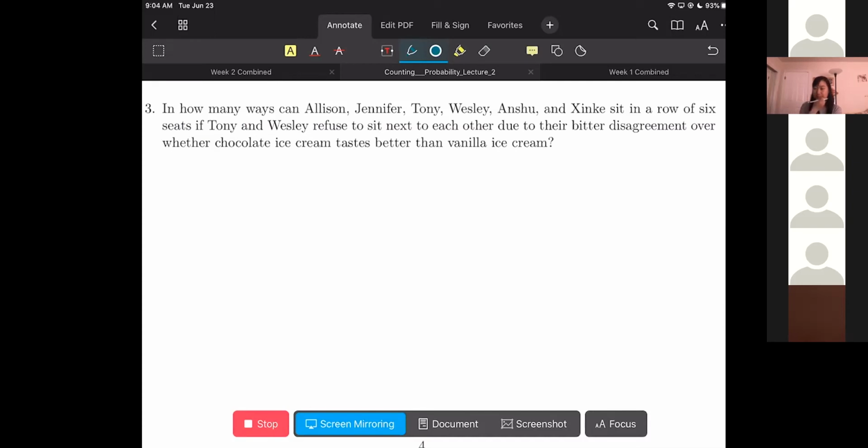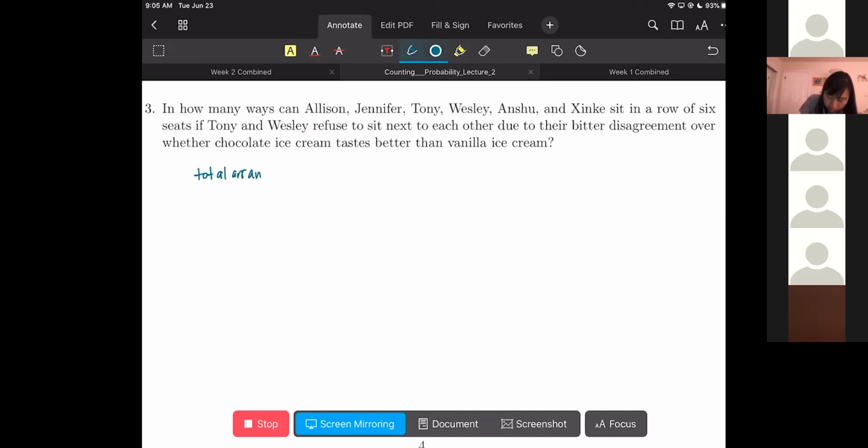Well, we can look at the different positions. If we were to just draw out the 6 seats, we look at how we can separate Tony and Wesley. So Wesley can be in the first, and Tony can be in the third, or Tony can be in the first, Wesley can be in the third.